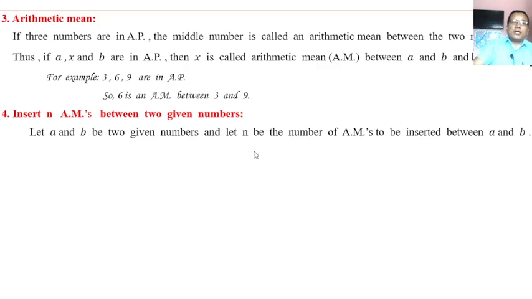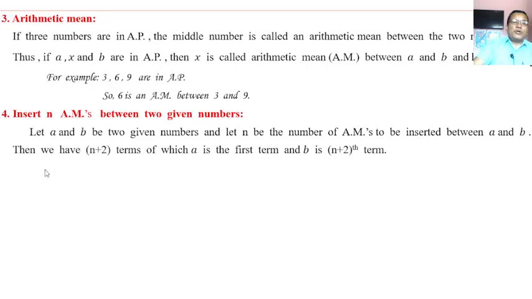Then we have n plus 2 terms, of which a is the first term and b is the (n plus 2)th term.